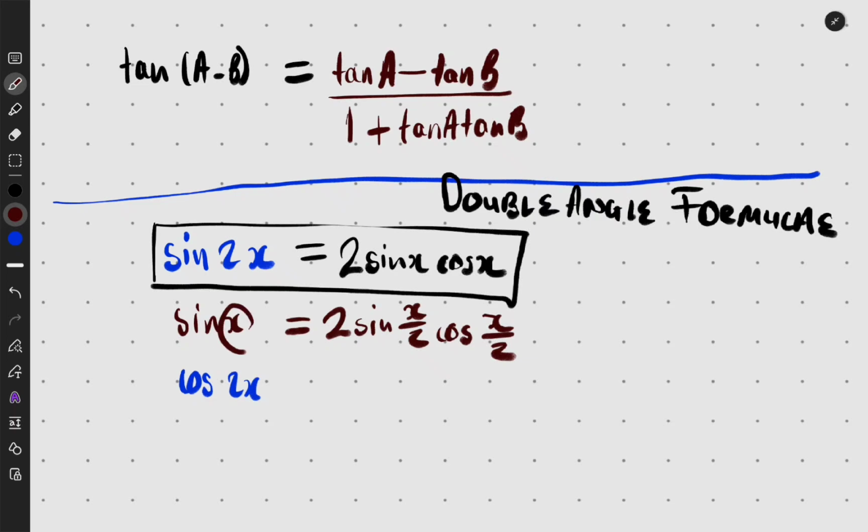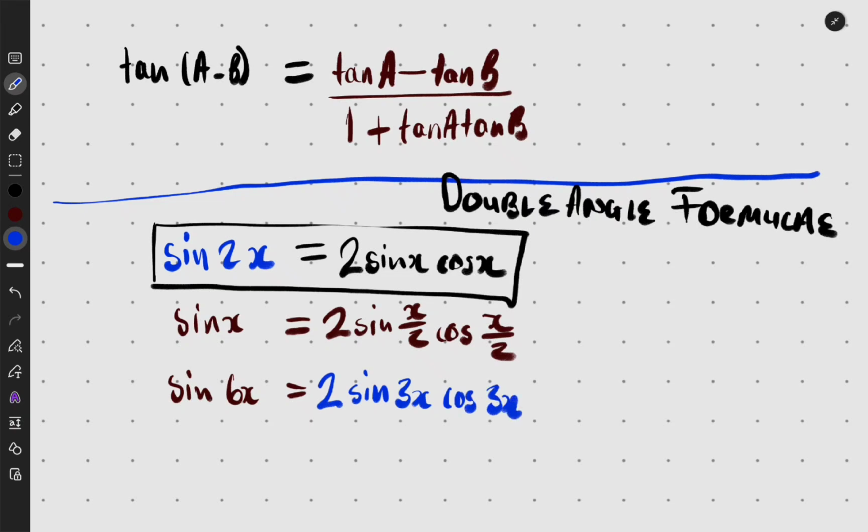You half whatever you had here. If I had a sine 4x or sine 6x, what do we do? We half. We say 2, then sine half of 6x is 3x. So 2 sine 3x cos 3x. That's what happens with double angle. You half as you go to this other side. How good is that? Beautiful, right?